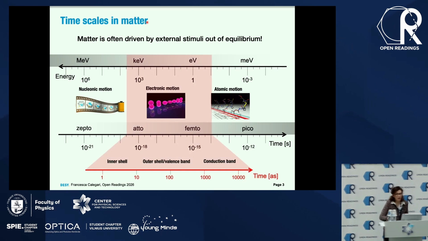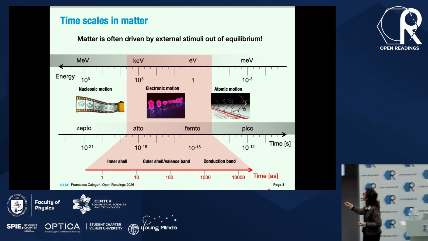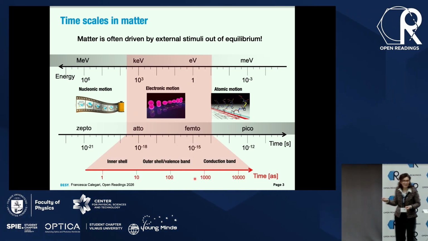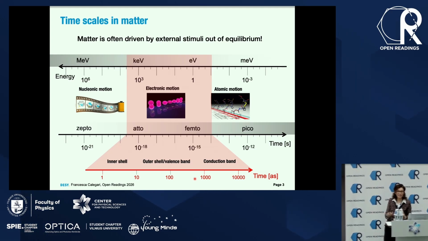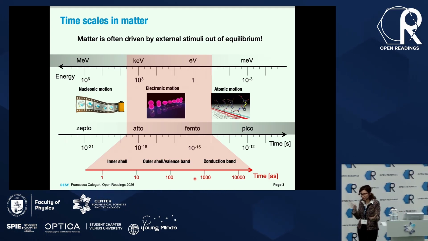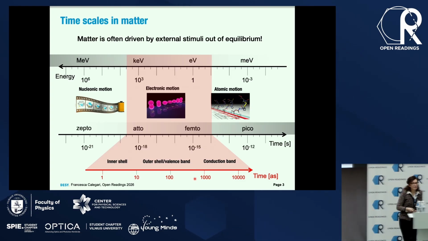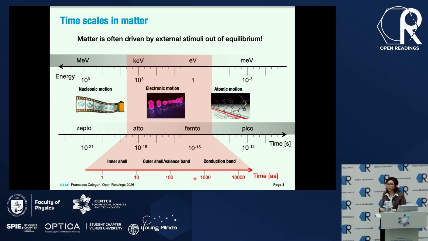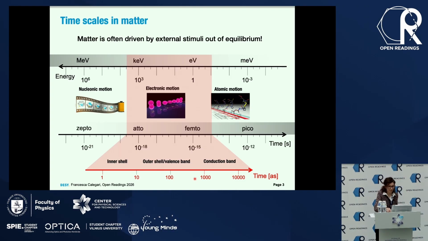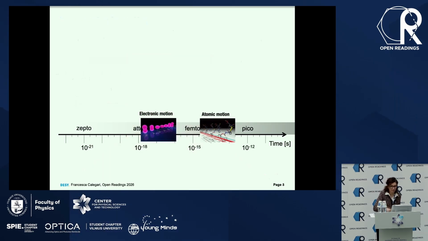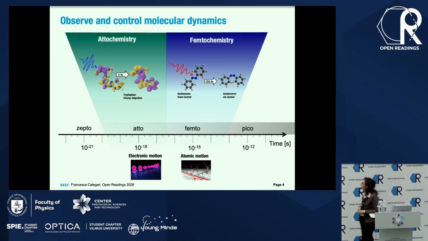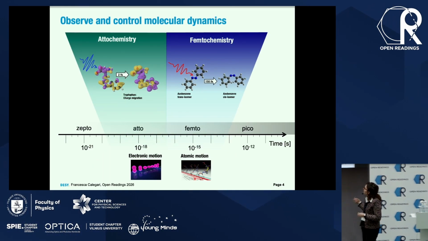But for now, we are interested in this time and energy range, which is, again, electronic motion connected with those energy excitations that really motivate us to improve our understanding of these dynamics of matter for better light harvesting mechanisms. Okay, now what can we do here?